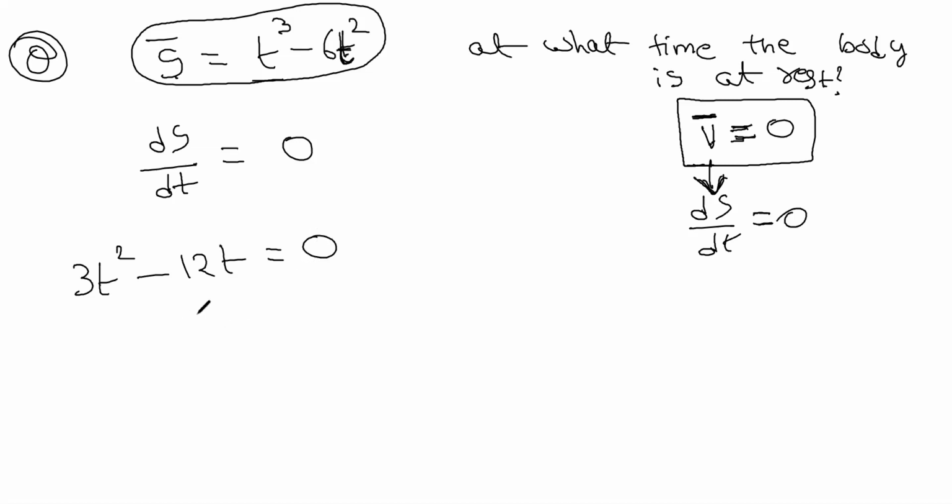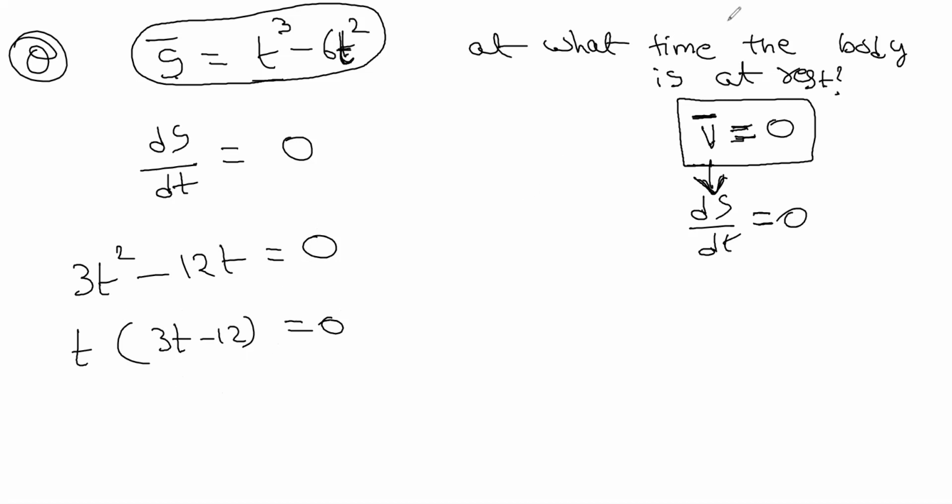Next, you have to find the values of t. Take t common: t times (3t minus 12) equals 0, right? Now this is solving of equations. When the product of two numbers is 0, any one number can be 0.